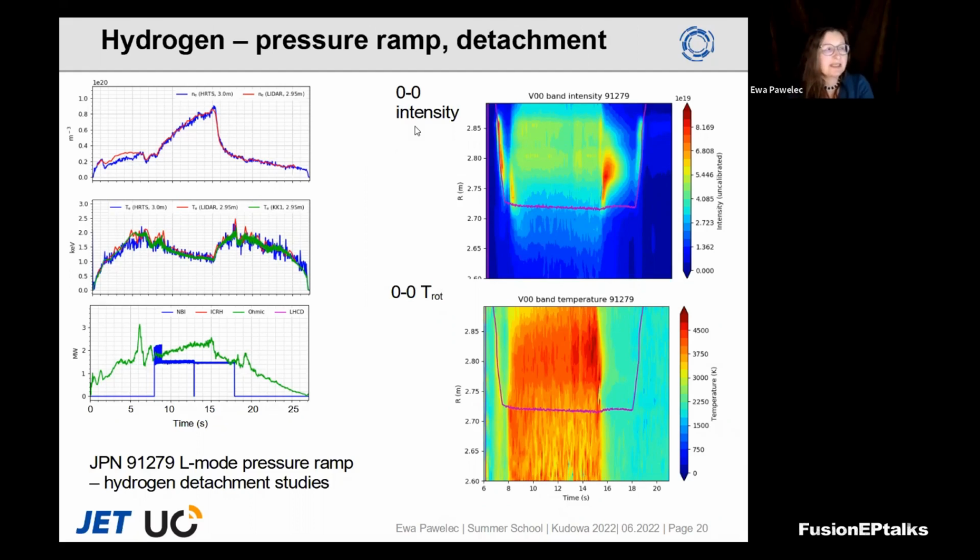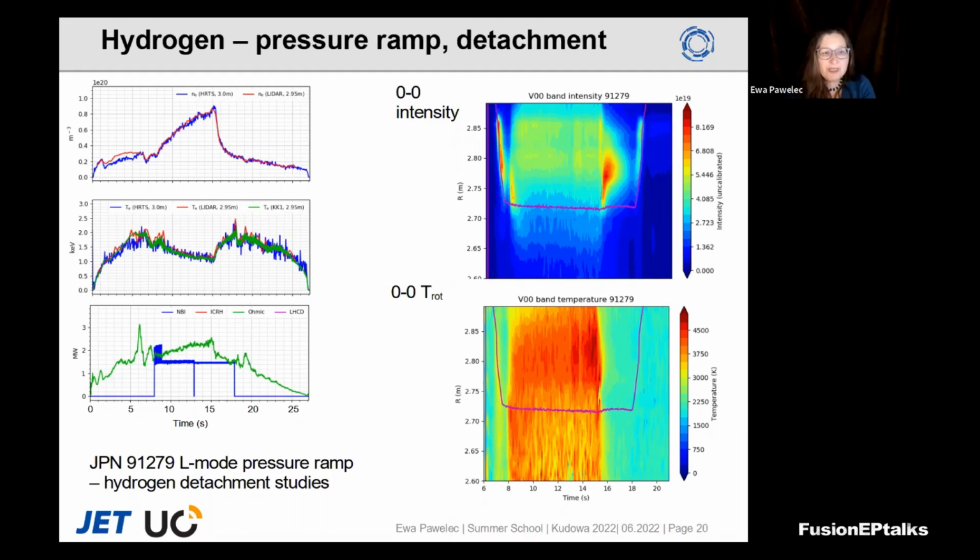In this case, this is a study of the density ramp in hydrogen, and the observation is in the divertor. We observe the bands that I've shown you as an example of the isotope effect. The Fulcher bands in hydrogen, because this one is a hydrogen low L mode density ramp.